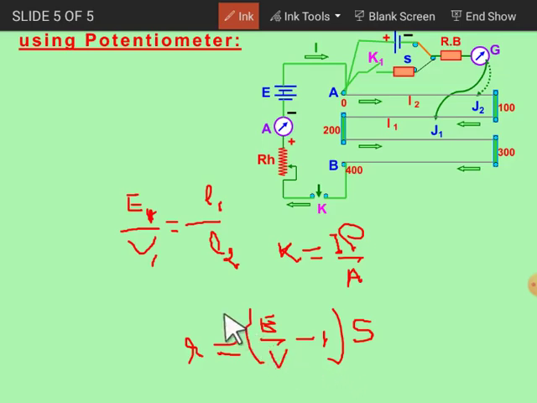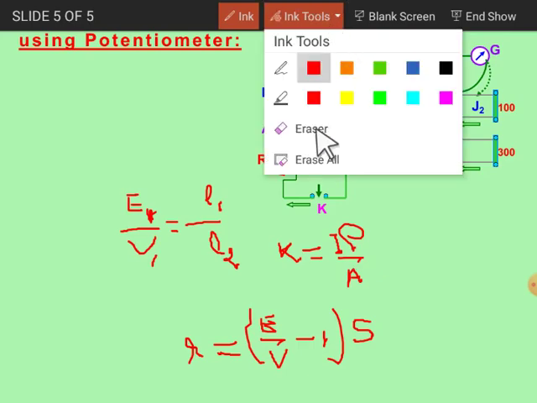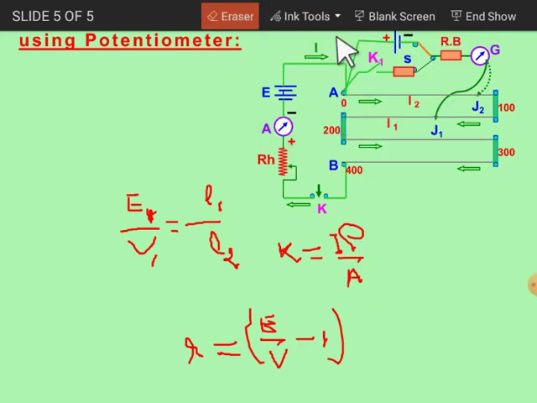The actual formula may be denoted by R, the external resistance. But for us in this particular topic, your E will be denoted by E1, V will be denoted by V1, and R will be denoted by S.